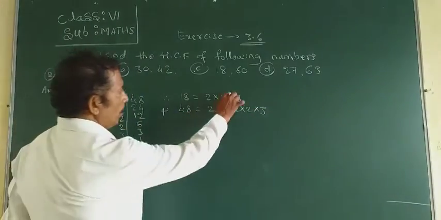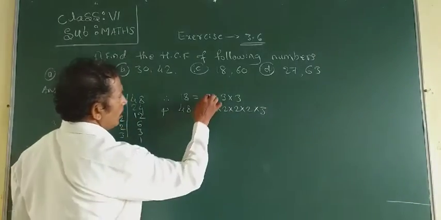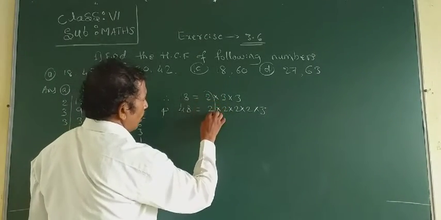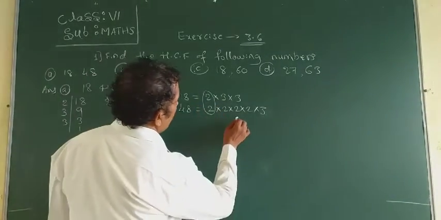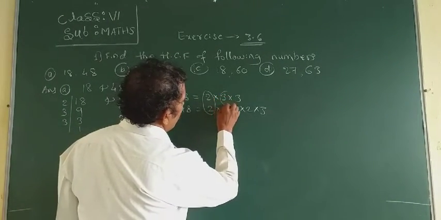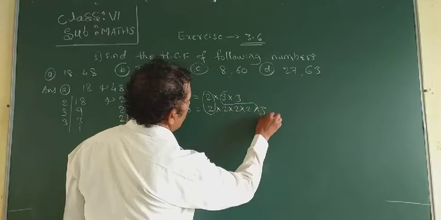Now in both the factorizations, circle the numbers which are common. 2 is common, then 3 is common.